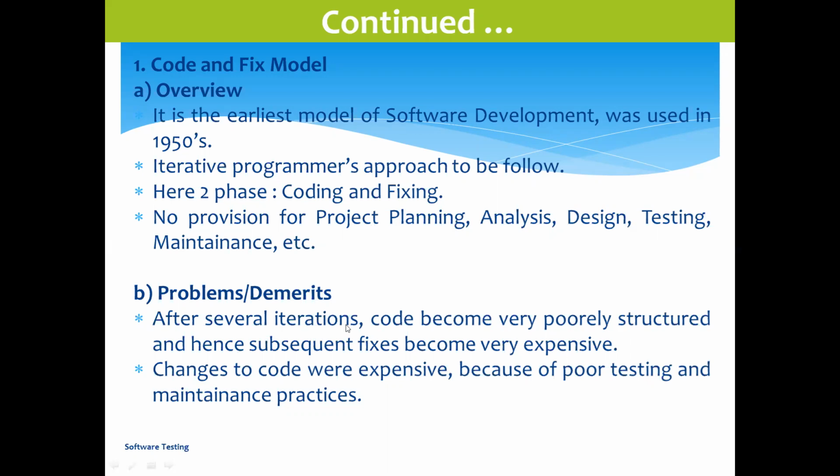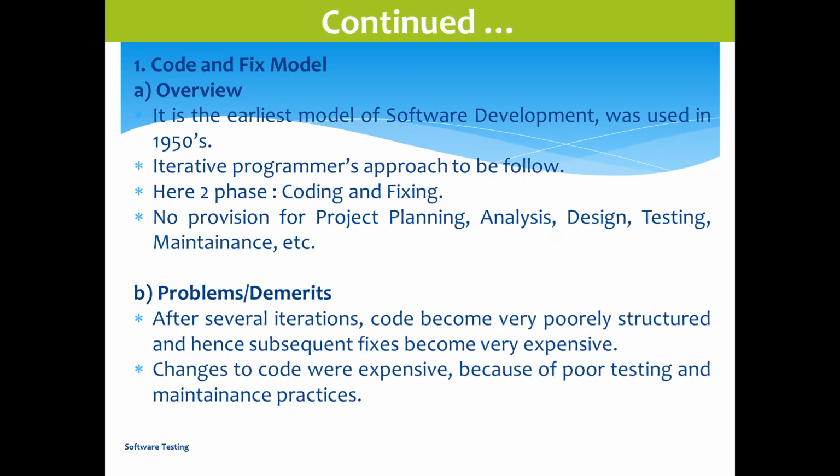After several iterations, so many times of write code, fix code, write code, fix code, write, fix, write, fix, the code became a poor structure. If you are repeatedly doing it in one environment or one framework, it will not look good. Daily you are changing 20 times, so what is the use?